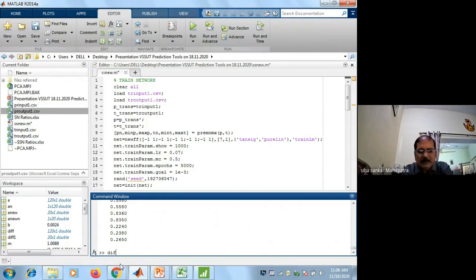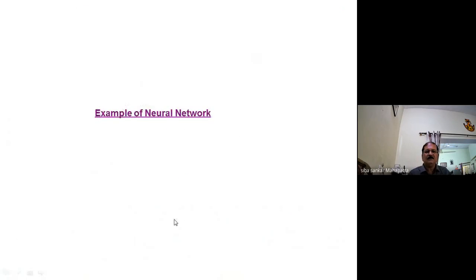Then you can calculate the difference and you can easily find out the error. So this is the way the neural network can be done.